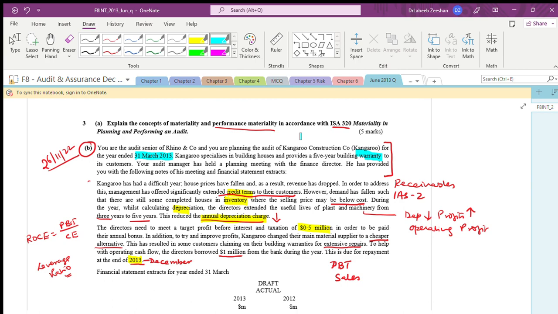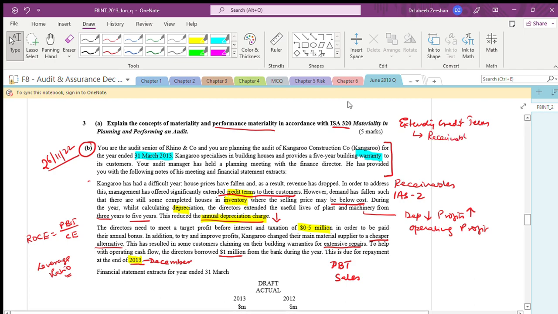Extending the credit terms. Once you are extending the credit terms, definitely what will happen? The receivables. What is the audit risk?